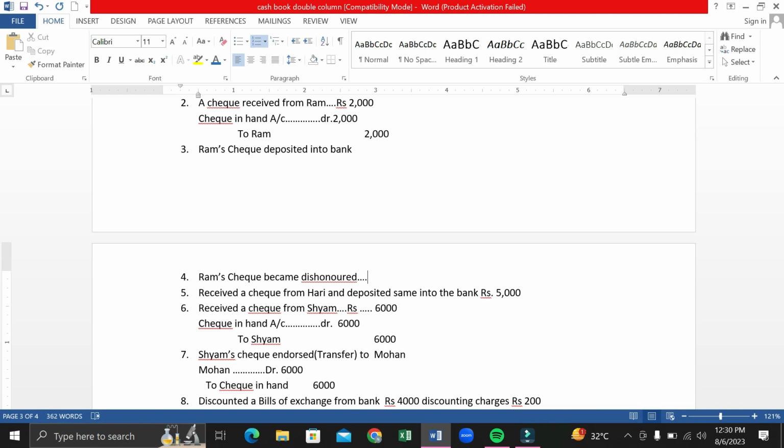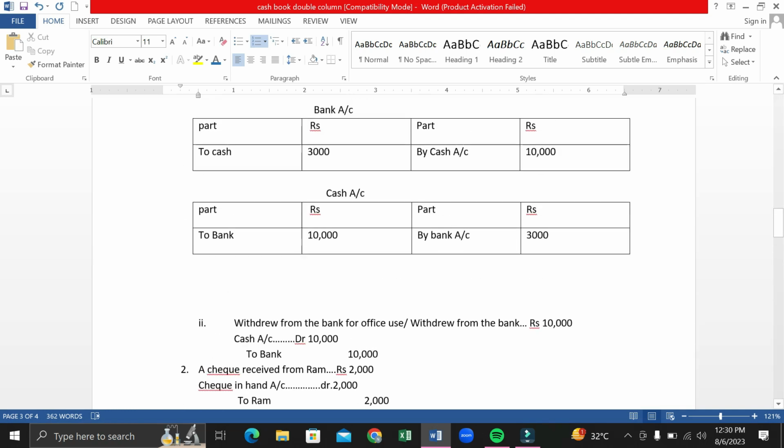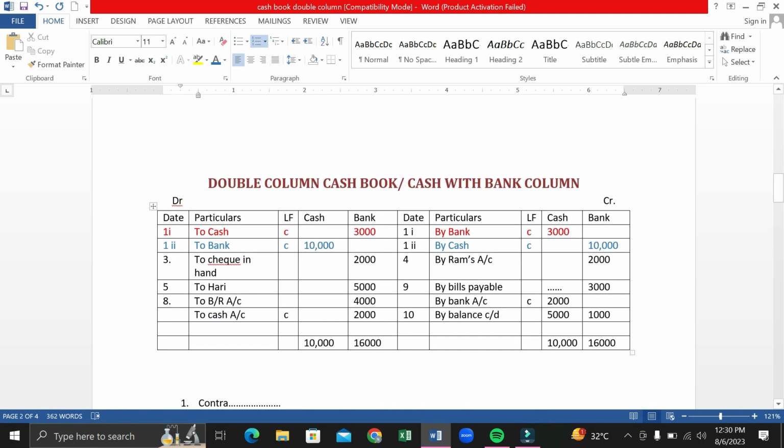In that condition, the bank balance will reduce. We will transfer this value on the credit side; just see entry number 4, by Ram's account, and this amount will be transferred in the bank column.